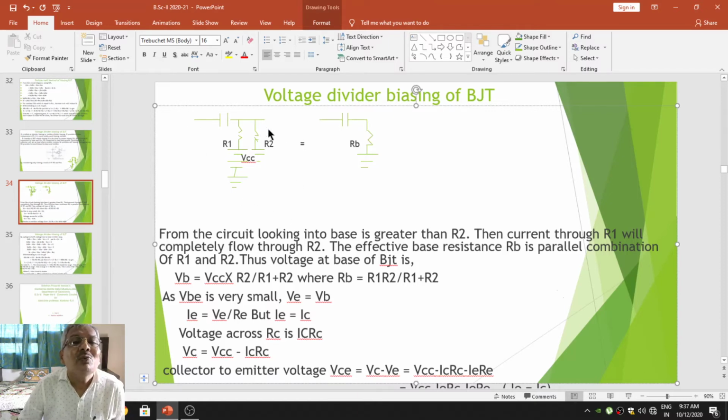Now the parallel combination of R1 and R2 is equal to RB. We are replacing the parallel combination of R1 and R2 as RB. In some books you are going to get this RB value as RTH, that is, Thevenin's equivalent resistance. RB is equal to R1 R2 upon R1 plus R2.